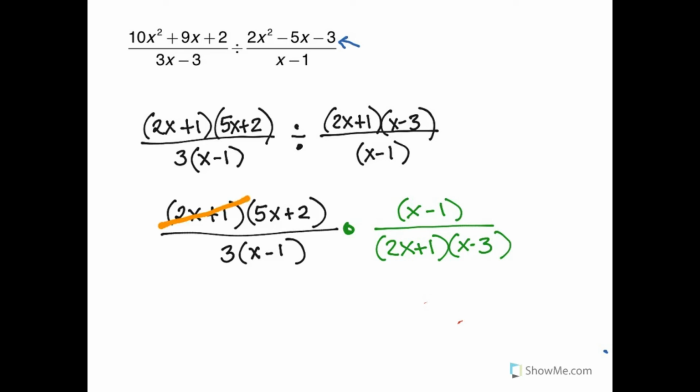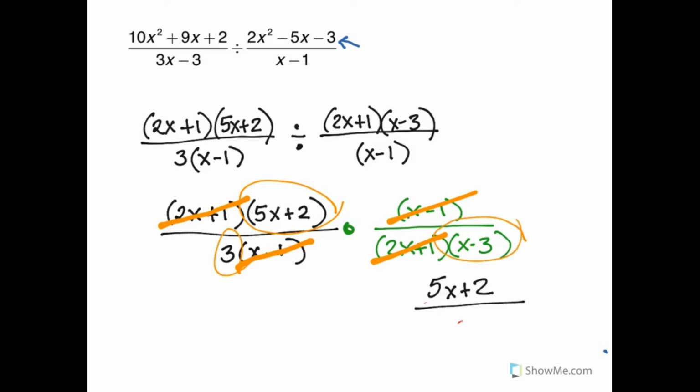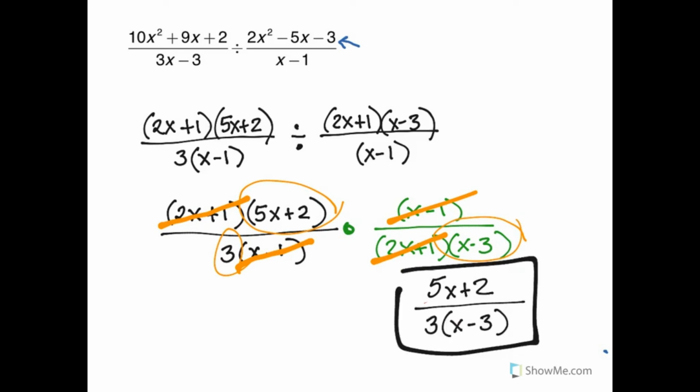Well, 2x plus 1 cancels with 2x plus 1. X minus 1 cancels with x minus 1. Anything else? I don't see anything. So I'm left with 5x plus 2 on the top and 3 and x minus 3 on the bottom. And there we go.